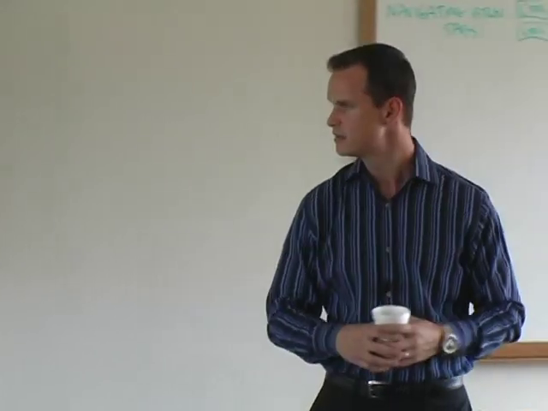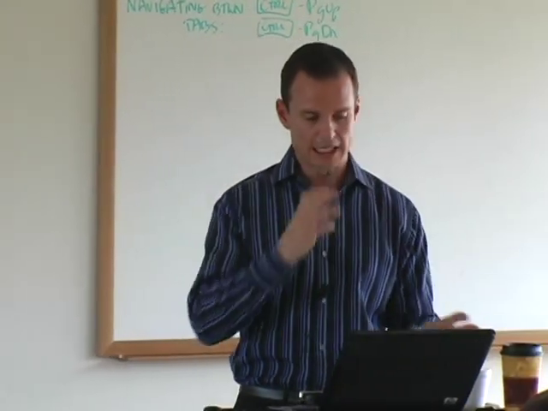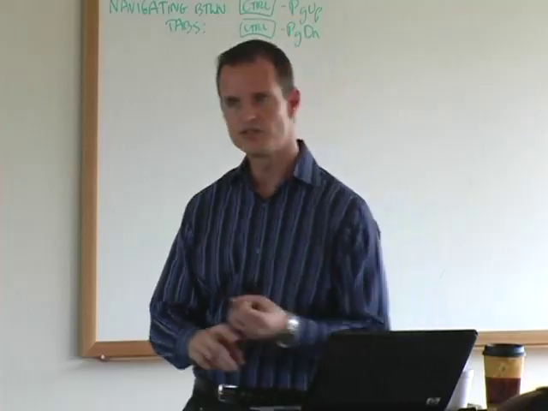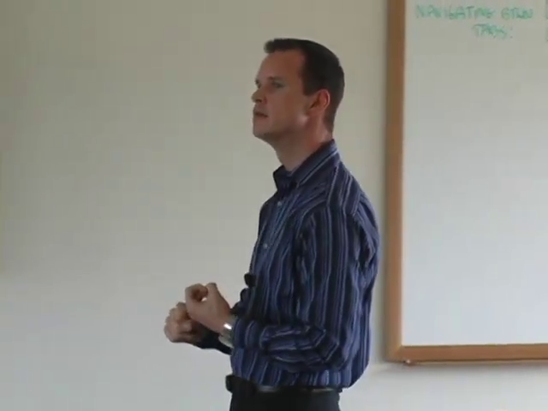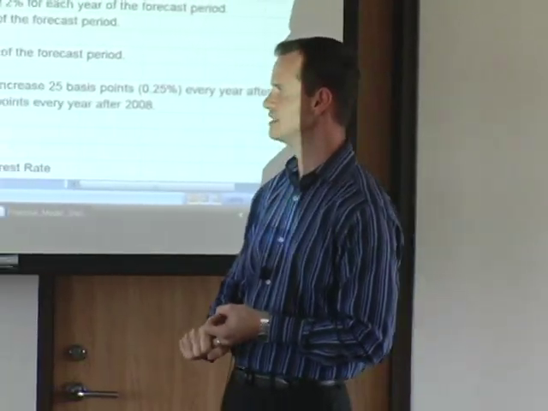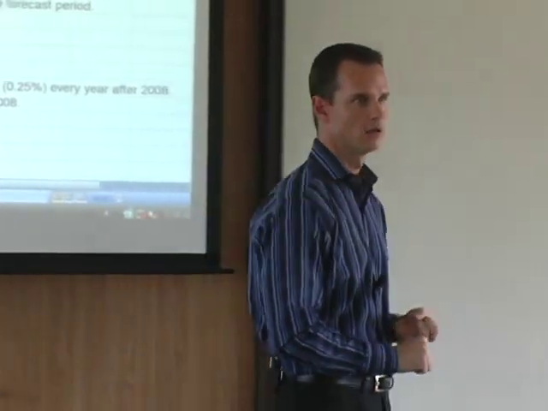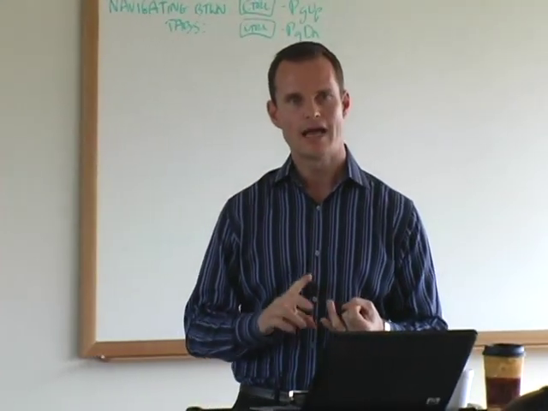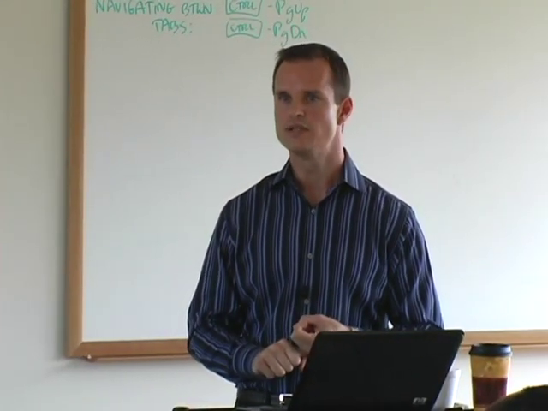Okay, and then the last few assumptions we need to make for our model: we need to understand the interest rates the company will be paying on its debt, and what is the amortization associated with some of their debt. On the interest rate side, we're assuming that the revolver and the term loan are going to float.